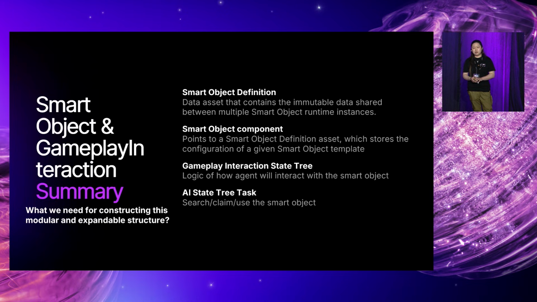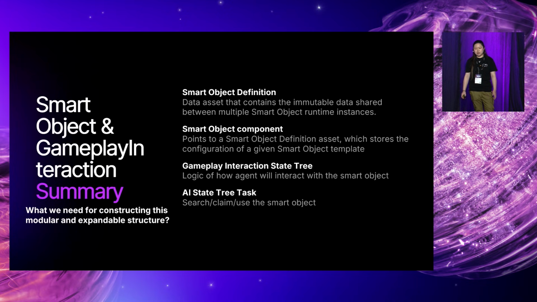So let's give a quick summary on the smart object and gameplay interactions. We have set up the smart object definition. It's a data asset that contains immutable data shared between multiple smart object runtime instances. Then we have set up the smart object component, which points to the smart object definition and stores the configuration of the smart object template.